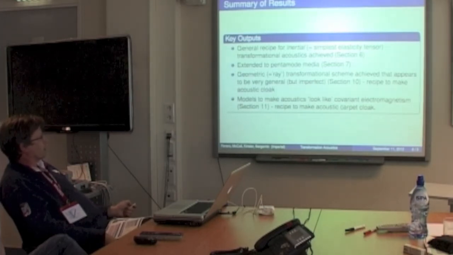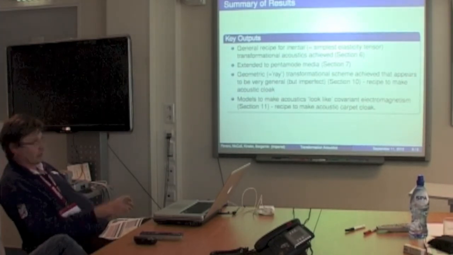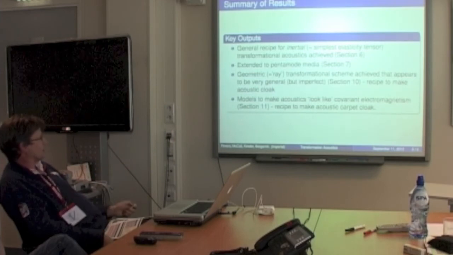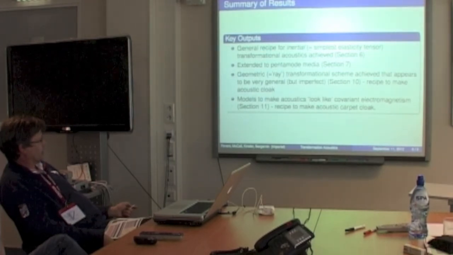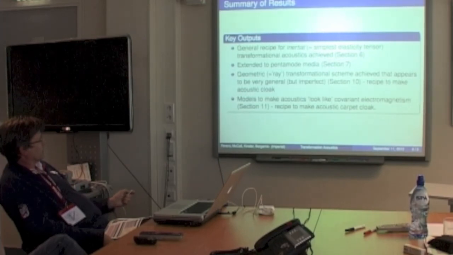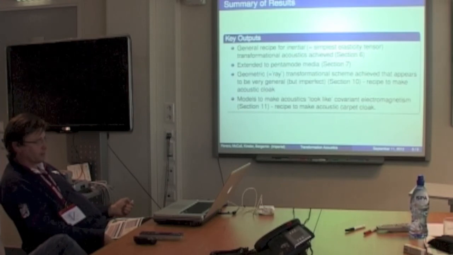A final section of our report, which was examined by Paul Kinsler, took a very preliminary look at some algebraic cosmetics that attempted to make acoustics look like covariant electromagnetism, but Paul isn't here today, so the main presentation will cover these 3 outcomes in more detail. Okay, thank you.